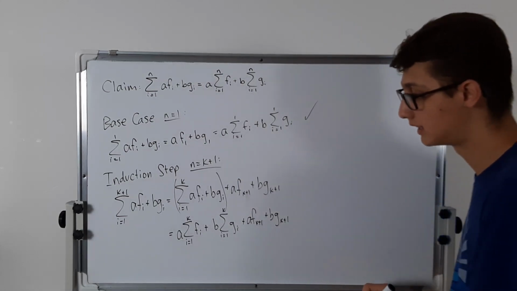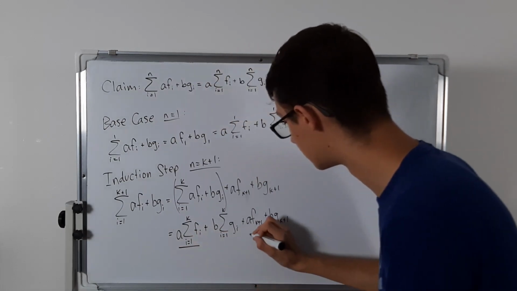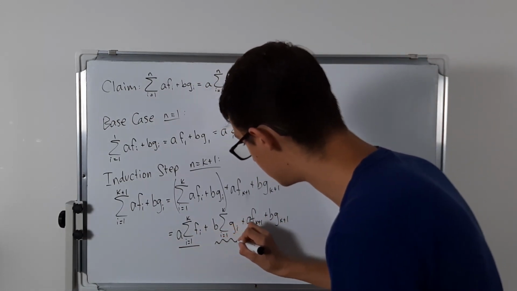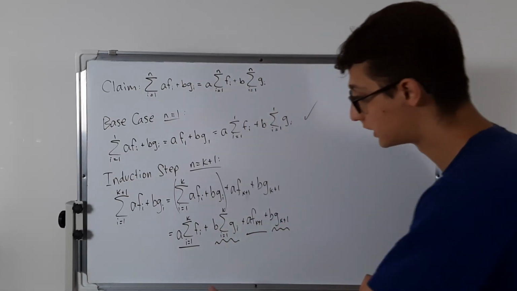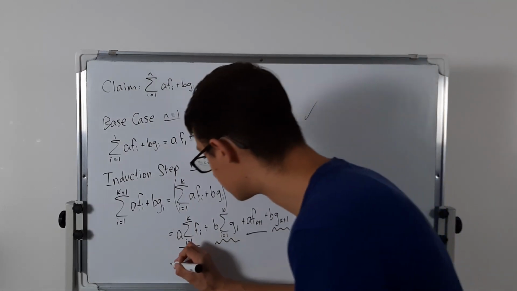And so now we can compare, we have this and this, which both have coefficients of A, and then this and this, which both have coefficients of B. So we can group them together, and we can pull out the A.